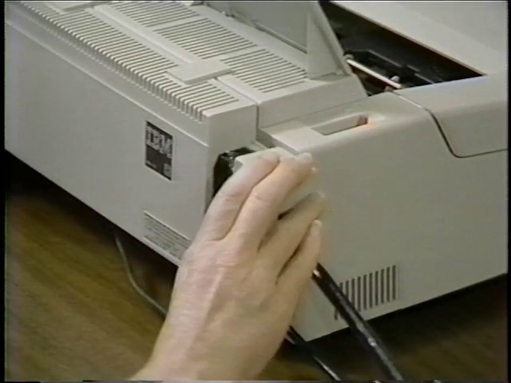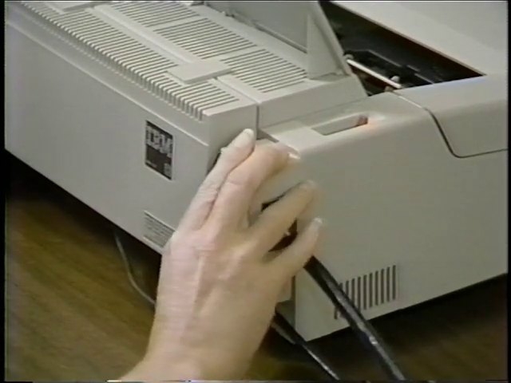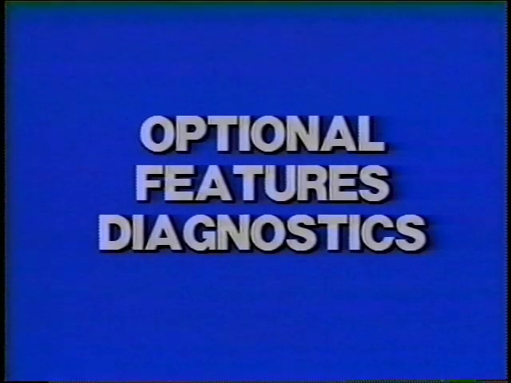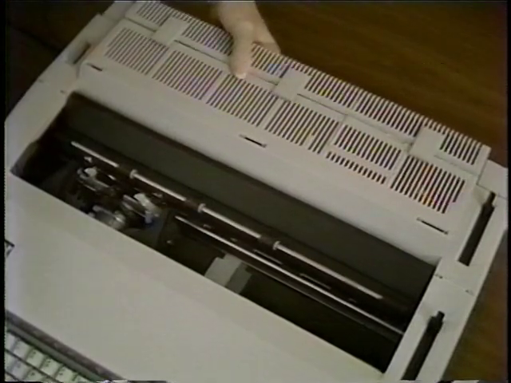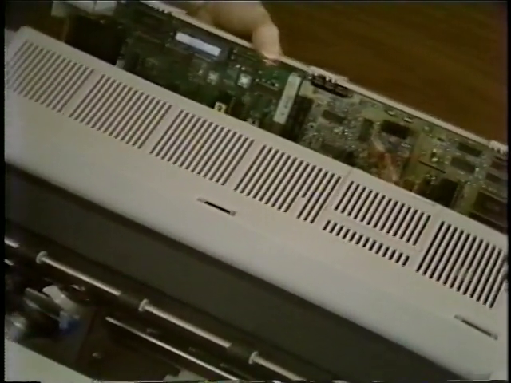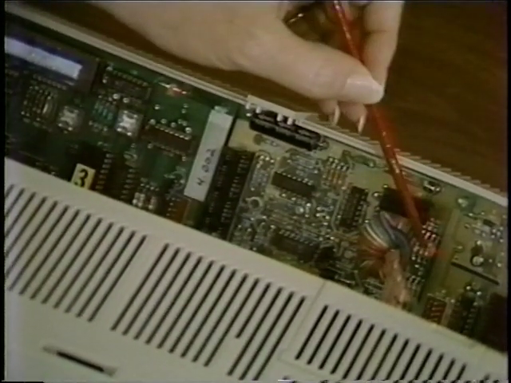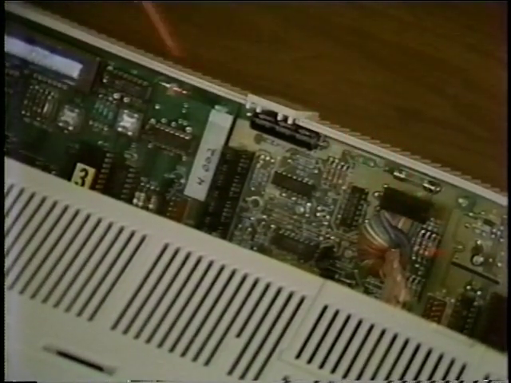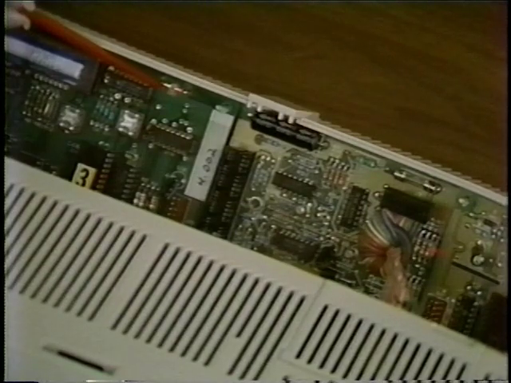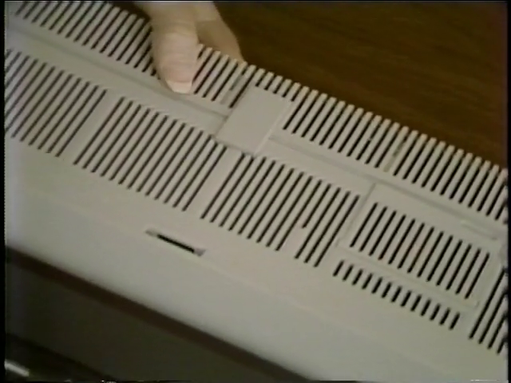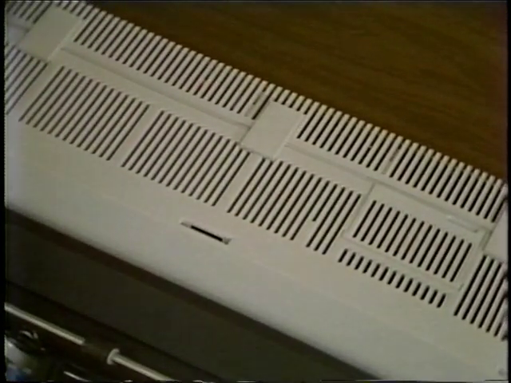Finally, install the cable cover. There are two LEDs that are used to help diagnose problems in the optional features. They are the option adapter LED and the printer display board error light. When the LEDs are on, they can be seen through the vent holes in the options cover.